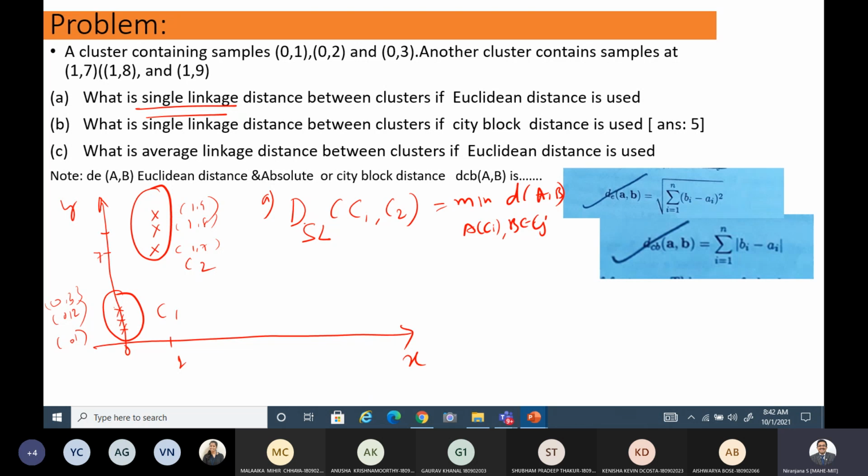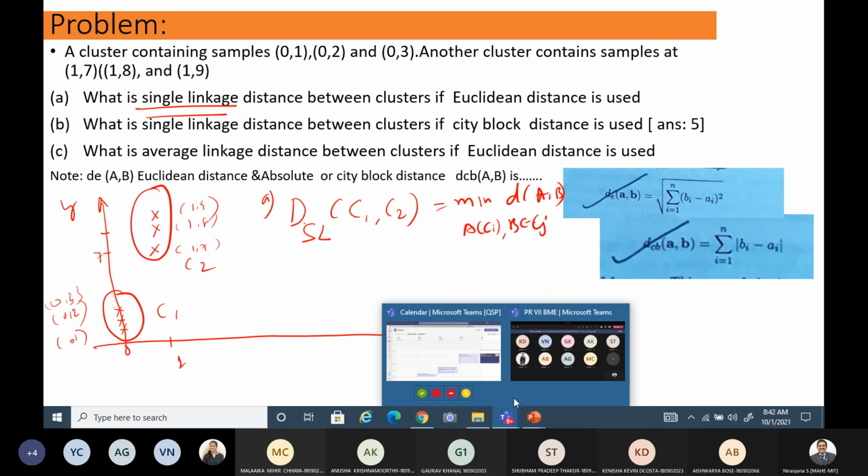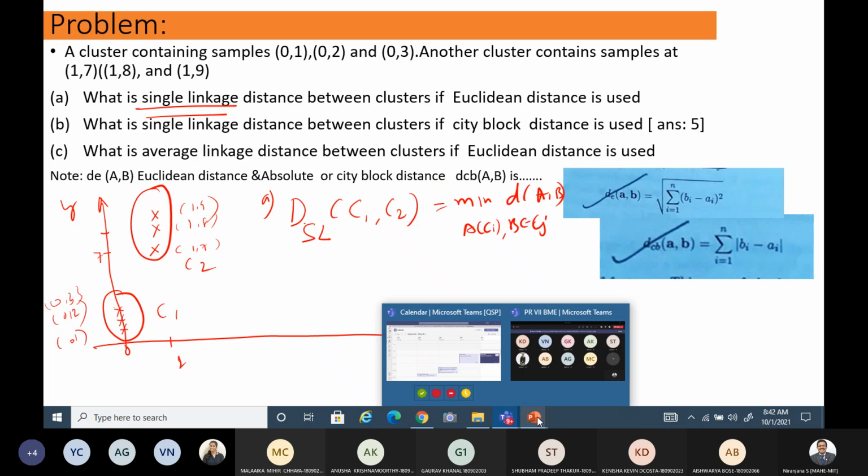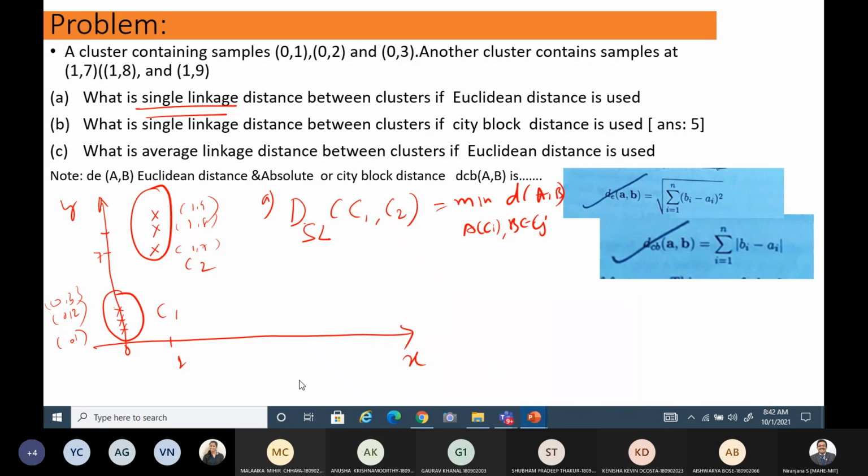So can you define now what are the possible distances here, and can you find this D_SL? Varun? How many distances are possible here from each cluster to the other cluster? Small d.